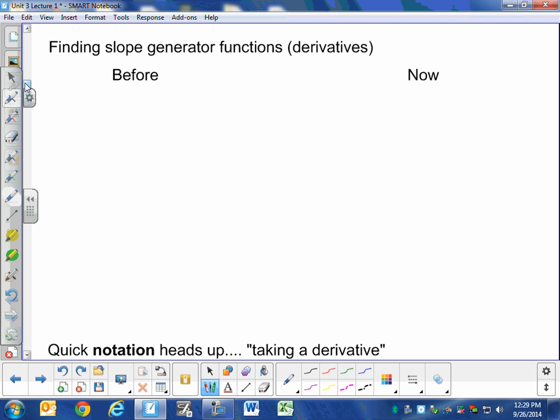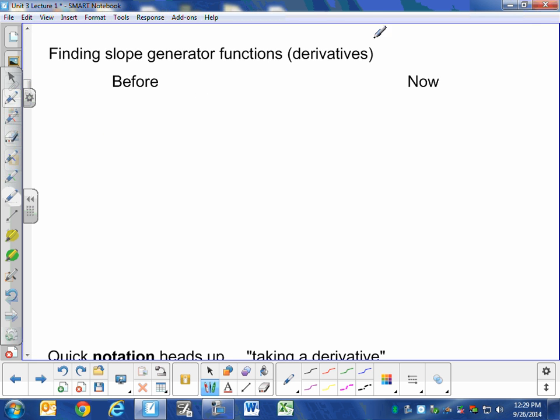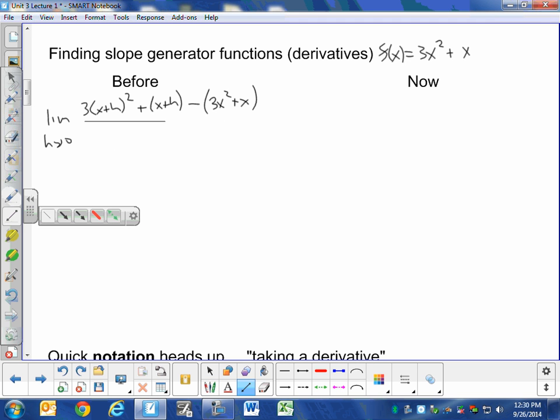To find our slope generator function, say f of x is equal to 3x squared plus x. Before, you would use the limit definition, and you plugged in 3 times x plus h squared plus x plus h minus the function, all divided by h.